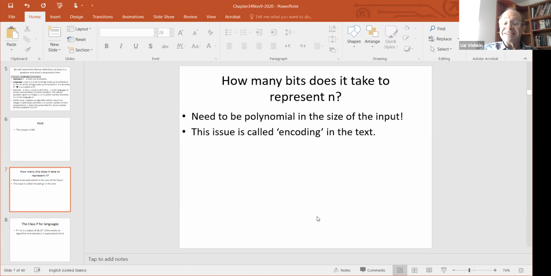So log n bits, given this encoding, is the length of the input, and any claim of polynomiality must be as a function of log n. Okay? Make sense?